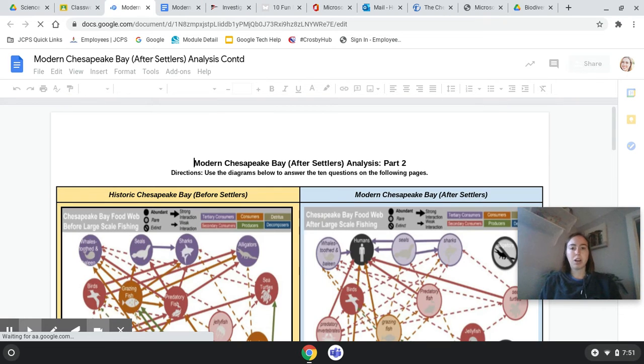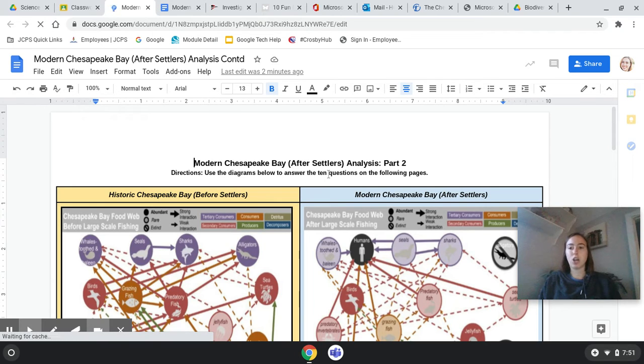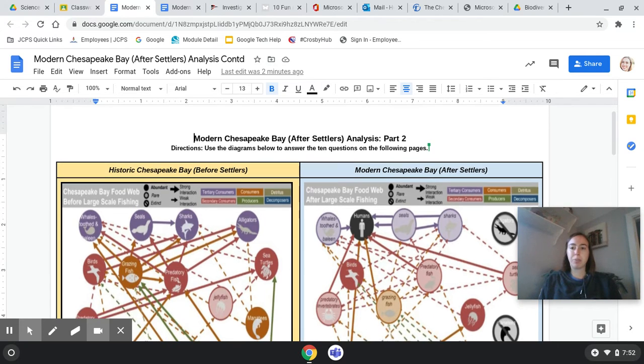When you open this document, you'll see that you have two diagrams in this document and some directions to use these diagrams to answer 10 questions on the following pages. So you have a total of 10 questions that you're going to be answering in today's lesson. Notice that you have both diagrams that we've looked at in previous classes.